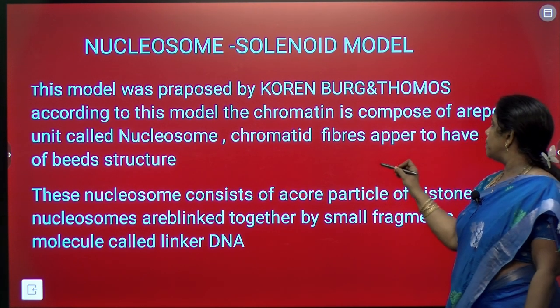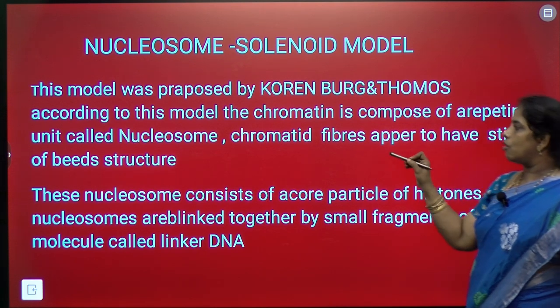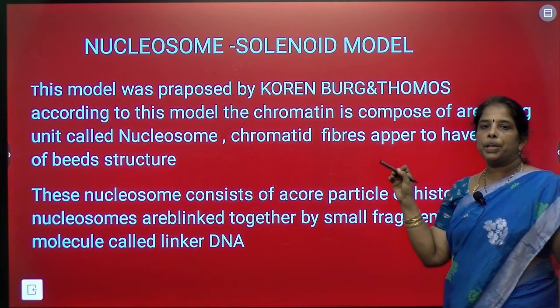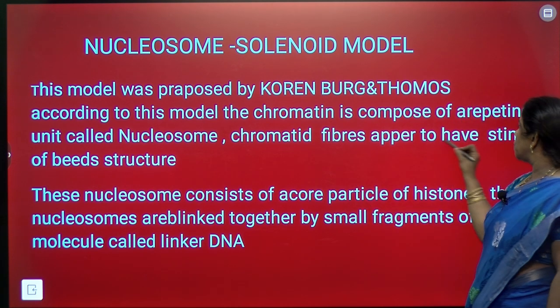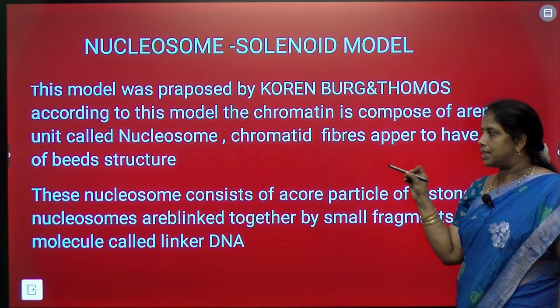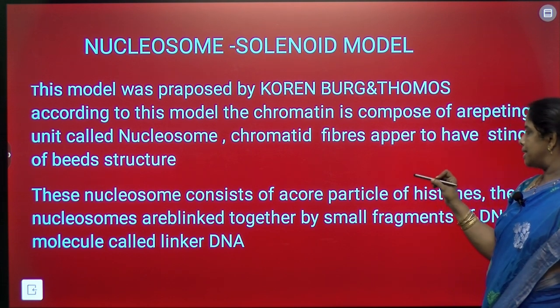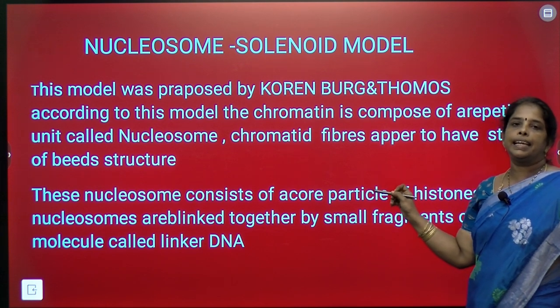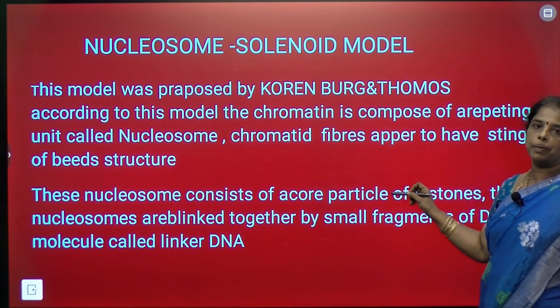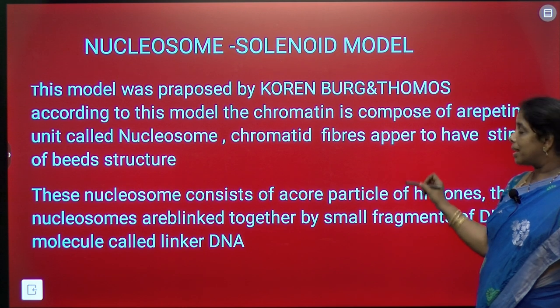Because of these nucleosomes, the chromatid fibers appear to have a string of bead-like structures. The nucleosomes consist of a core particle of histones. That means eight histone proteins participate and form an octamer-like structure.